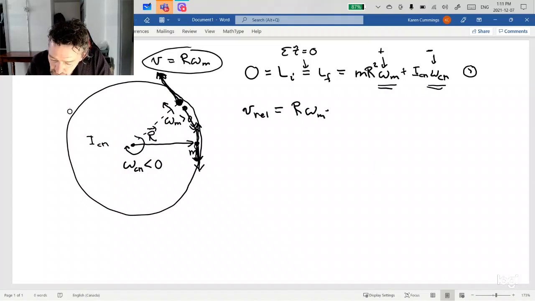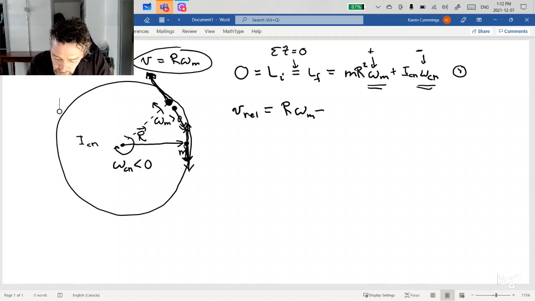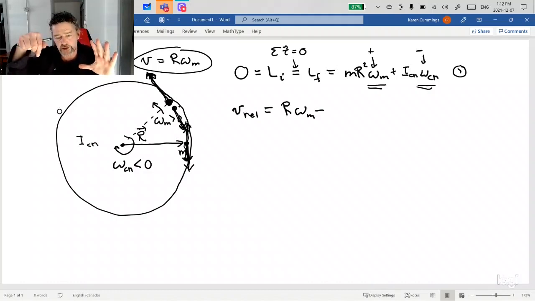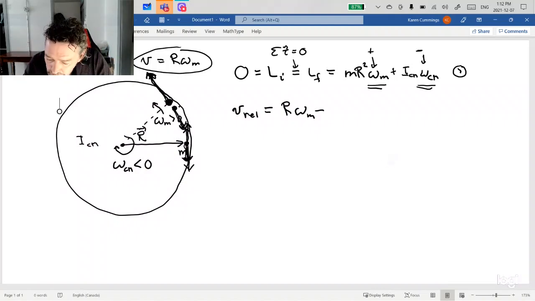Okay, and so you subtract. So how fast a point is moving backwards here is going to be just r times the angular velocity of the disk. So if the disk is rotating slowly clockwise, then that tangential speed of a point on the disk is moving slowly backwards. If the disk is rotating fast, well, then it's fast. And so that's r. Tangential velocities are always r, the radius, times the angular velocity.